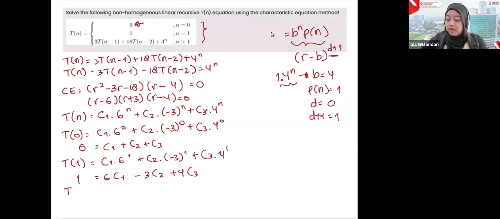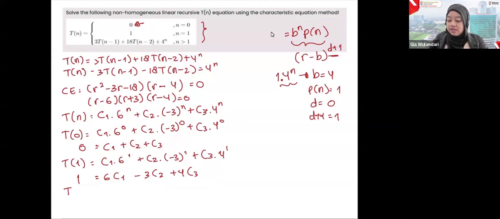Because we have three coefficients, C1, C2, and C3, we need three equations. Here we only have two equations. That's why we need another one.